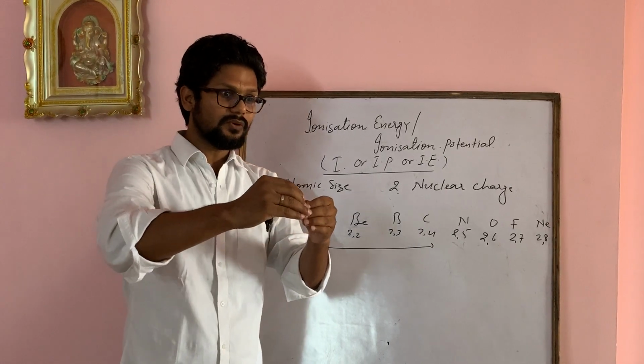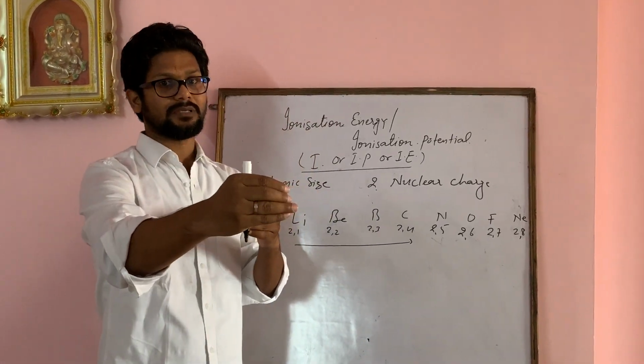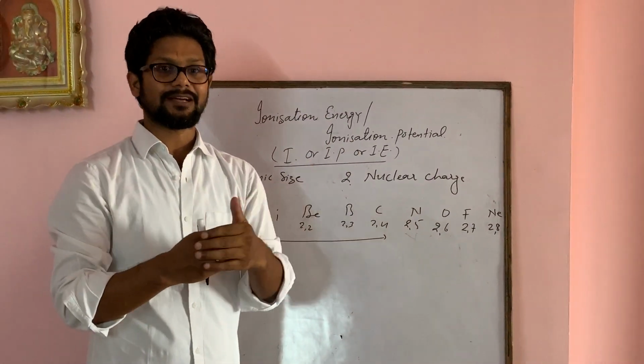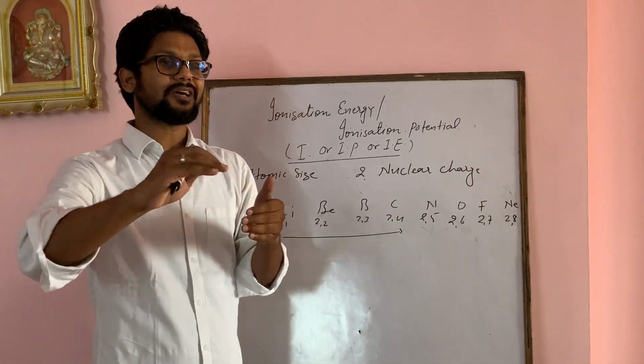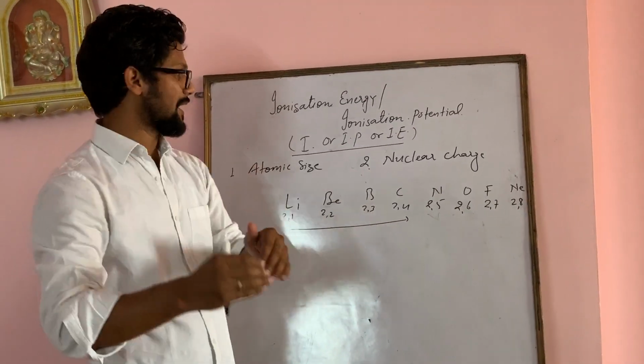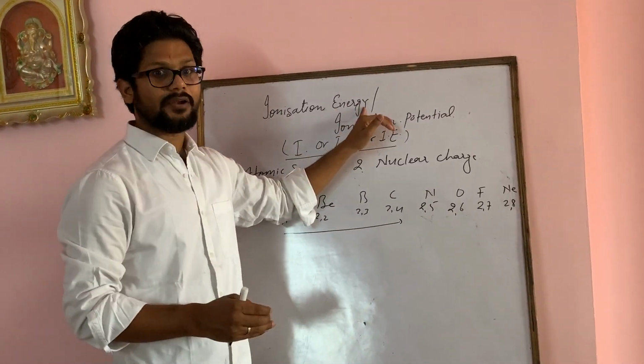So if we want to remove an electron from, suppose, fluorine, there is more force of attraction. So the removal of the electron needs more energy. And that energy, as we know, is called ionization energy.